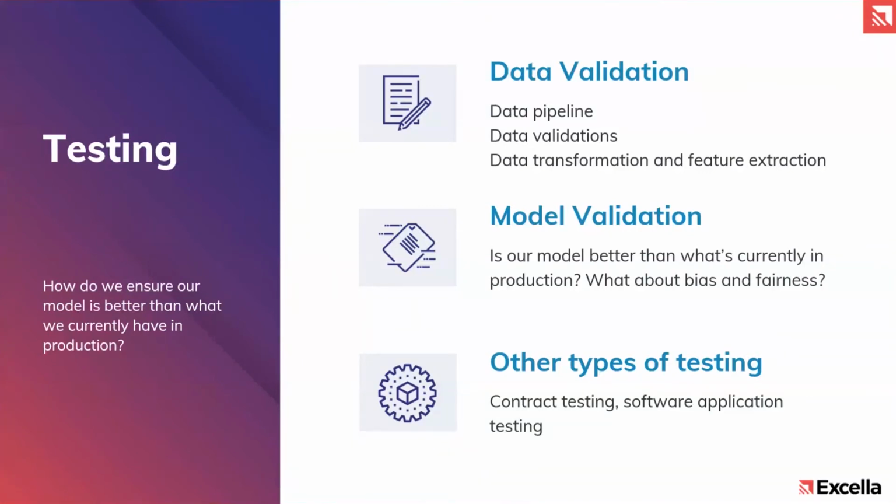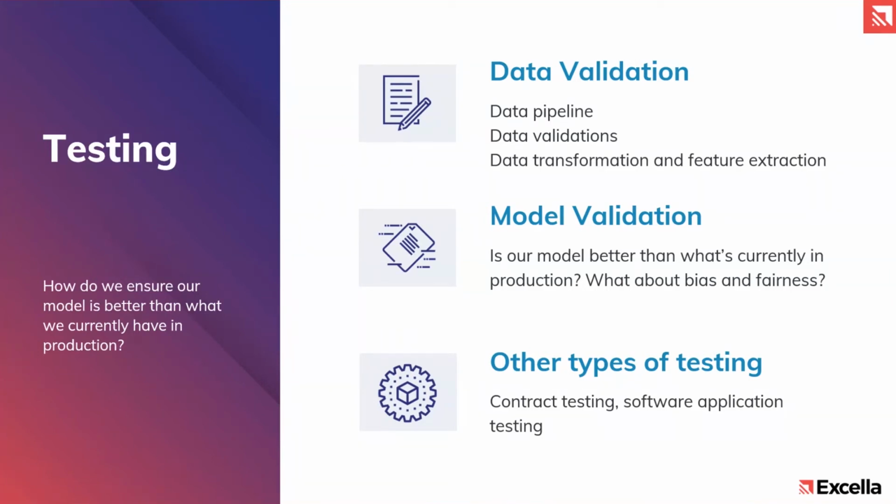So maybe you want to make sure that the values in a certain column are within a certain range, that there are no null values, and that transformations are working as expected. And for your model, you want to make sure: is the model you are currently deploying or just trained better than the one I have in production? And what is the bias and what is the fairness?